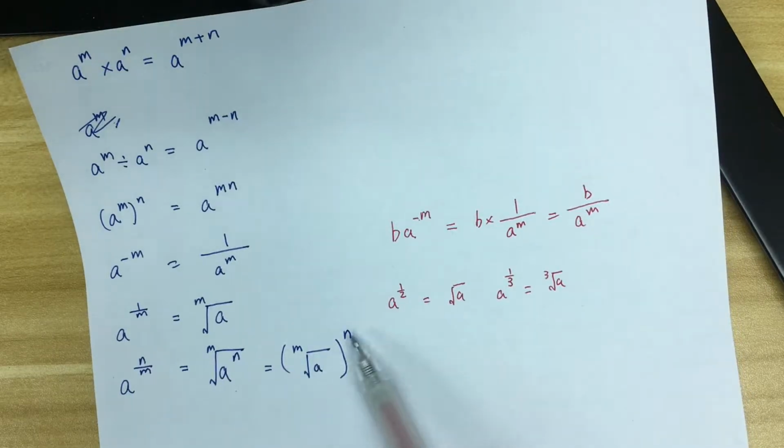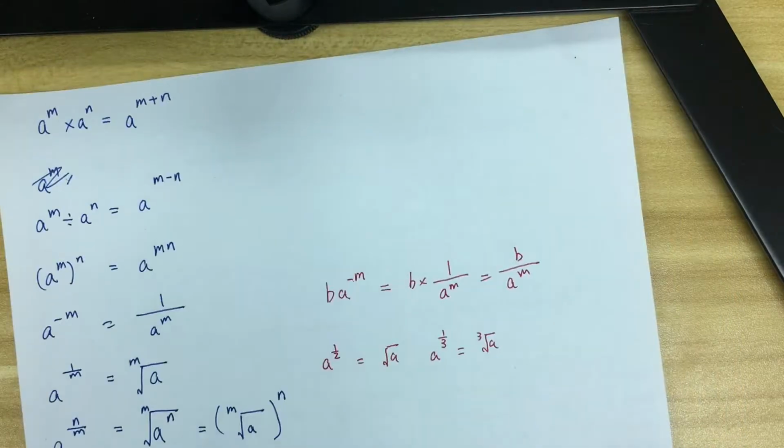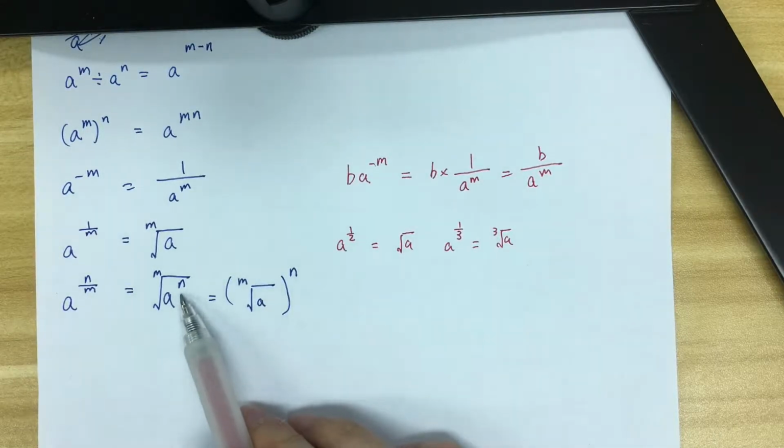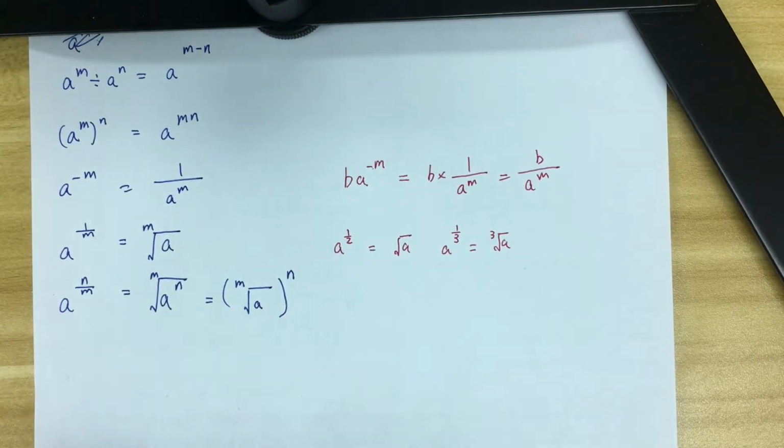Or you can root it first and then use the power. It will give you the same answer in A level. But of course, you're going to choose the easy way. Sometimes the number is so huge that when you power it, you'd rather just root it first and then apply the power.